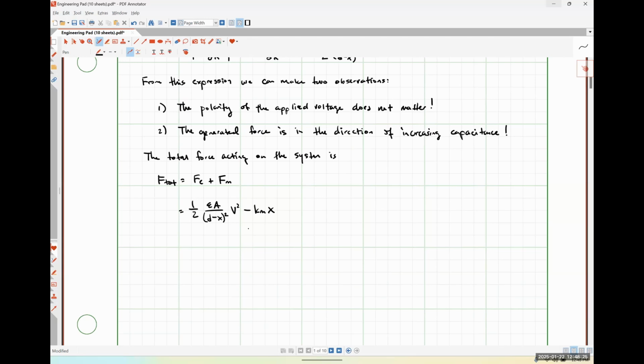Are we okay with that? So I've got my electrostatic force on the left. I've got my spring force given by Hooke's law on the right there.